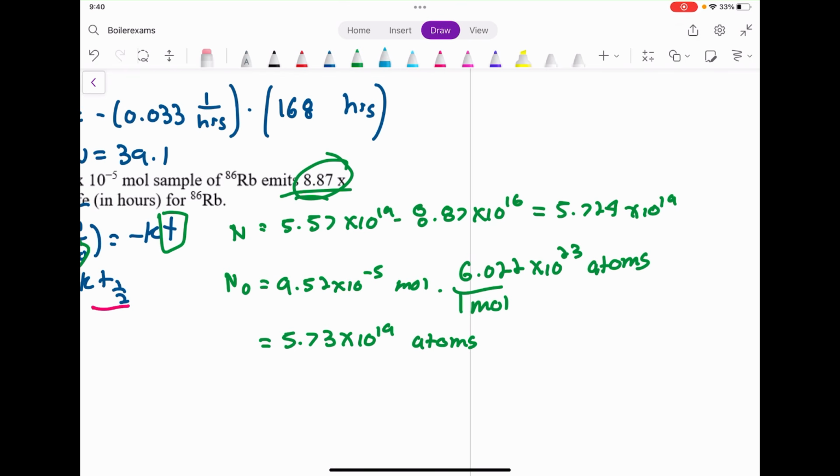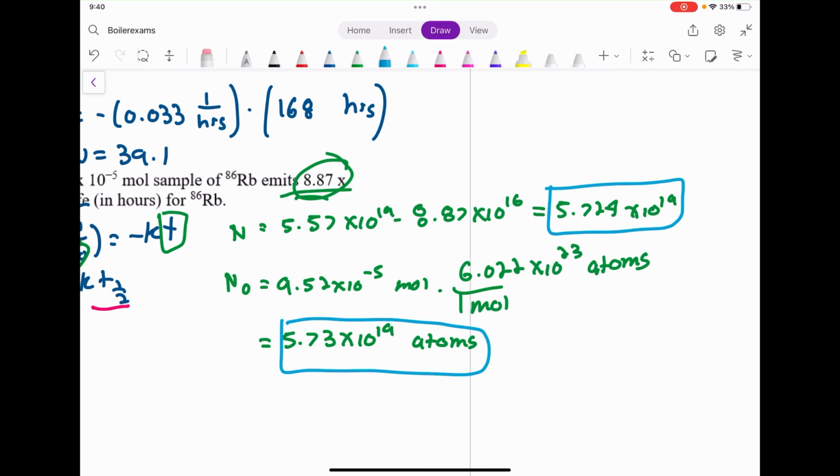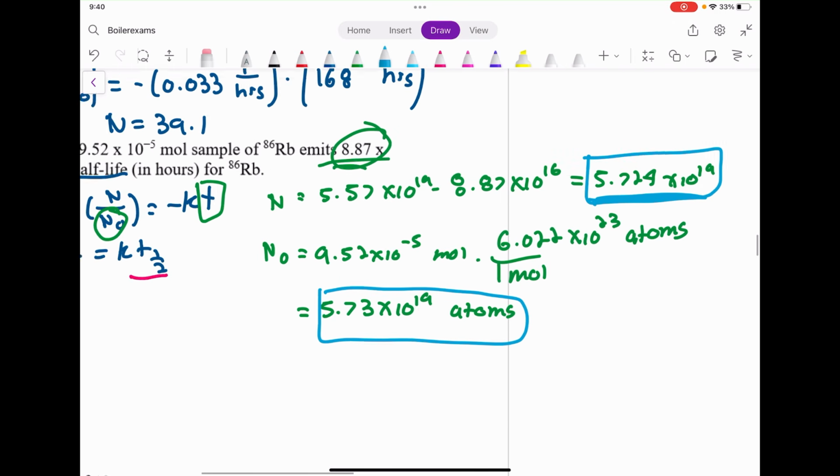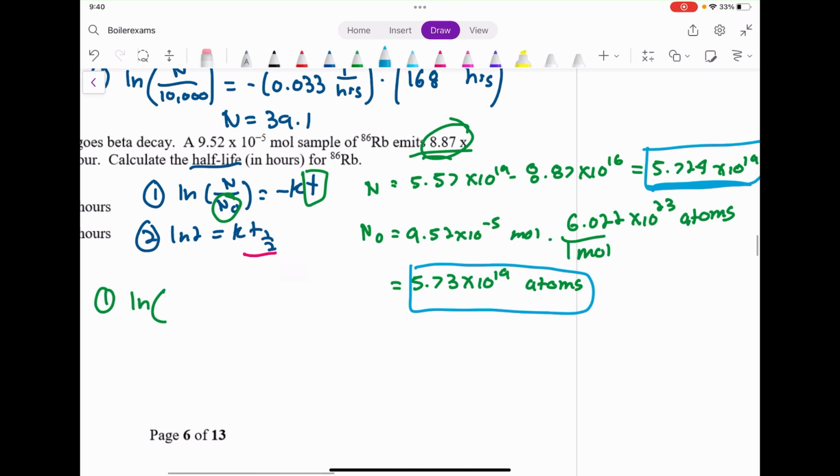A little bit messy. This is my N, this is my N naught. The bottom one is how many we have initially, which is a little bit more than how much we have after 1 hour, which makes sense because it's not decaying that fast.